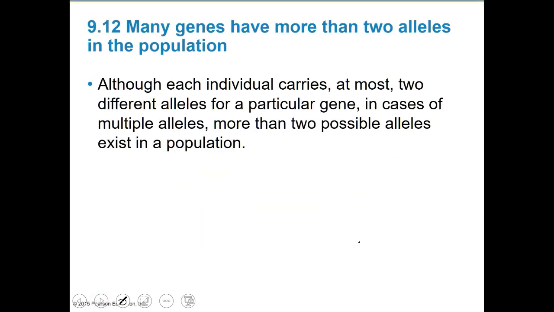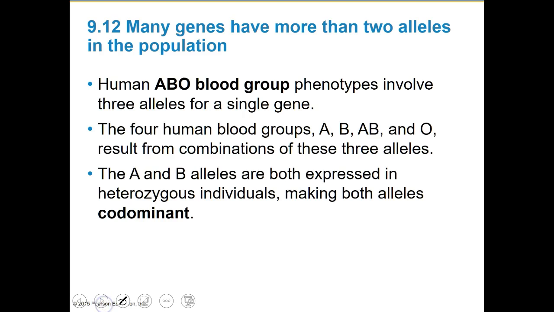Although each individual carries at most two different alleles for a particular gene, in cases of multiple alleles, more than two possible alleles exist in a population. Where do we get this example? Blood type. Human ABO blood phenotypes involve three alleles for a single gene.